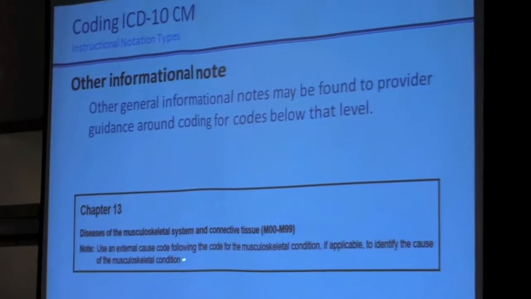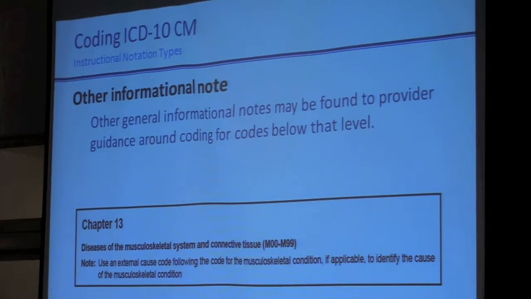All right. And then occasionally we'll see these other informational notes. This is a big one. It says, use an external cause code following code for musculoskeletal condition if applicable to identify the cause of the musculoskeletal condition. Now this gets back to the whole issue of third-party liabilities, industrial insurance, and other types of things.